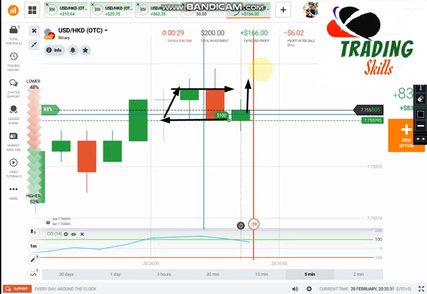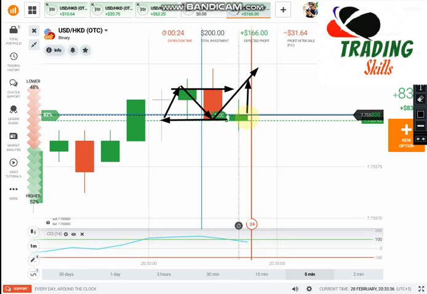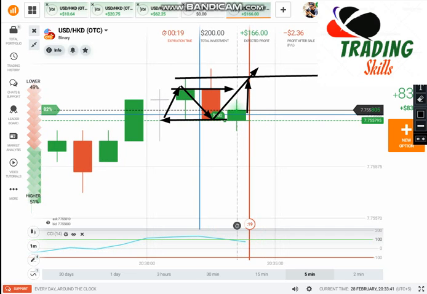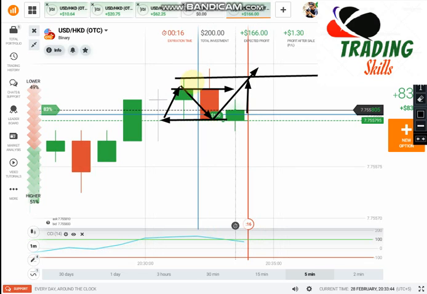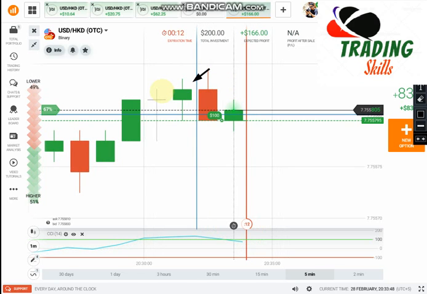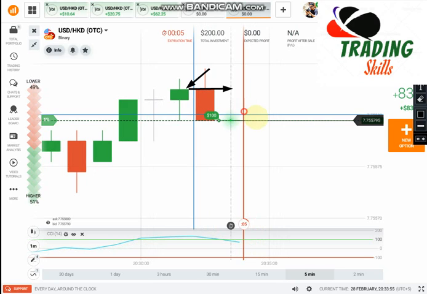Here the market situation is like a ranging market in this area. So when I took my trade, I realized that this was a wrong trade, because this was not a buyer's continuation sign, so therefore I lost my trade. Now you can see I won my trade here.